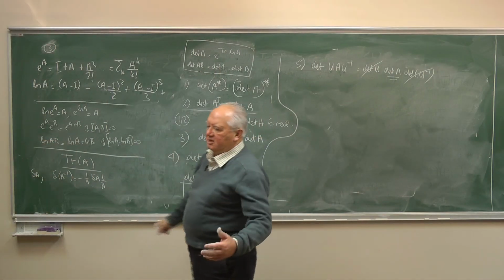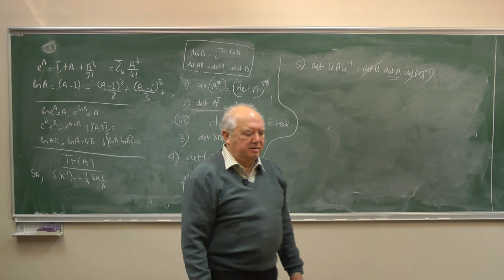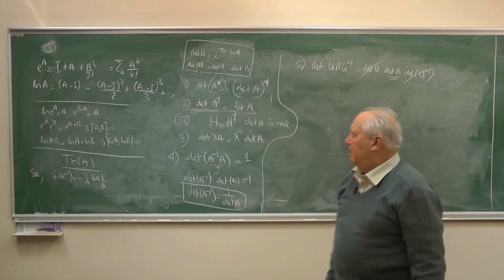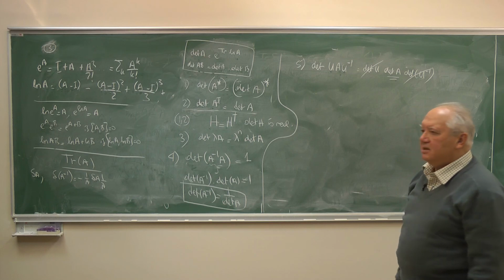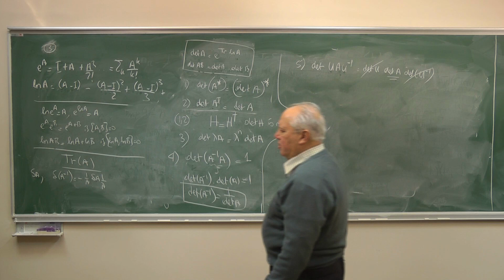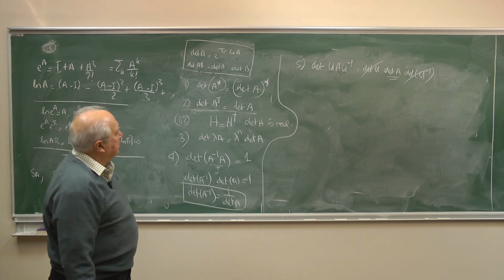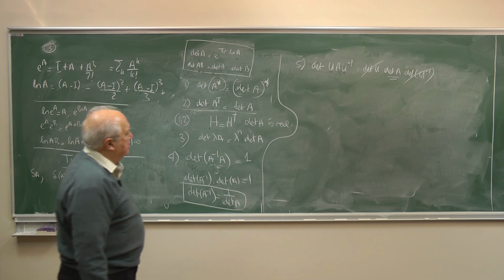If you make, for example, in physics, coordinate transformations, in classical physics or in quantum mechanics, if you use orthogonal matrices or unitary matrices, determinant is invariant.